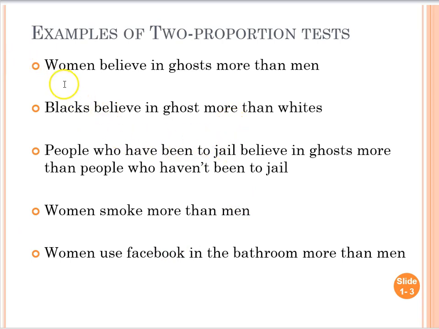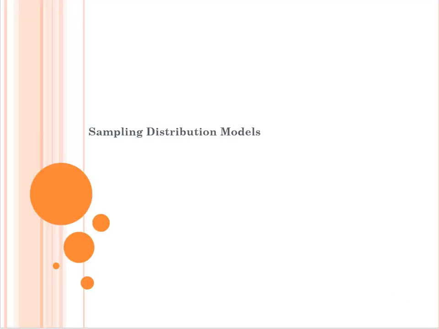So again, if we're looking at whether or not men believe in ghosts more than women, or women believe in ghosts more than men, we could sample 100 women and ask them whether or not they believe in ghosts, and compare that to 100 men, asking them whether or not they believe in ghosts. And then compare those 2 proportions to see if they're statistically different or not. So learning how to run those 2 tests is the goal of this section.